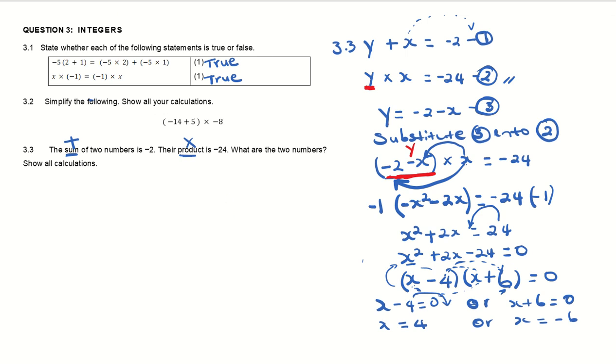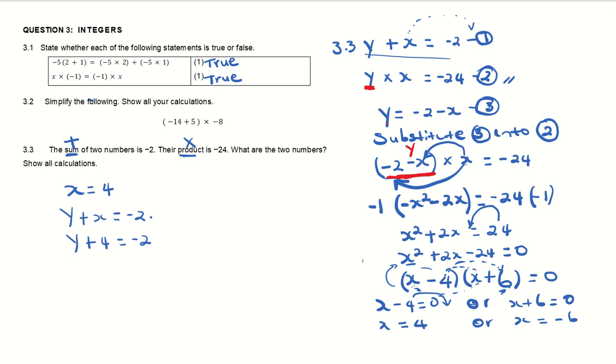Now, let's work with a situation when x is equal to 4. We go back to any of the equations, okay? Let's choose to use equation 1. We know that y, when you add it to x, you get negative 2. So our x is 4, y added to 4 must give us negative 2.